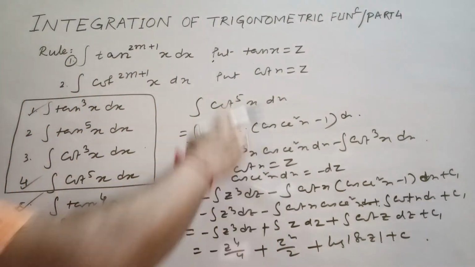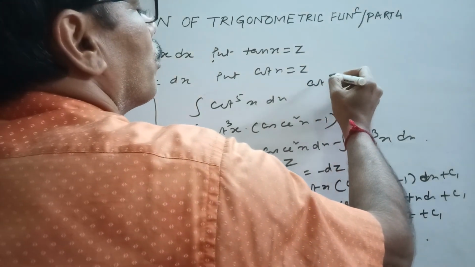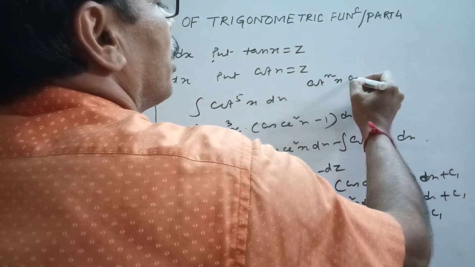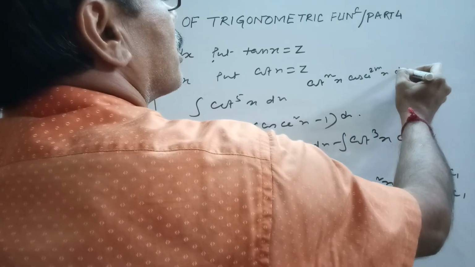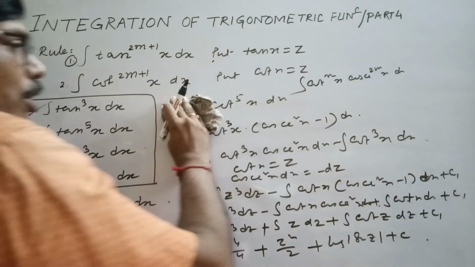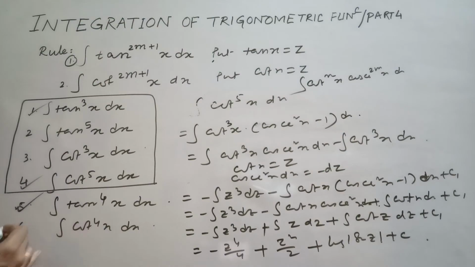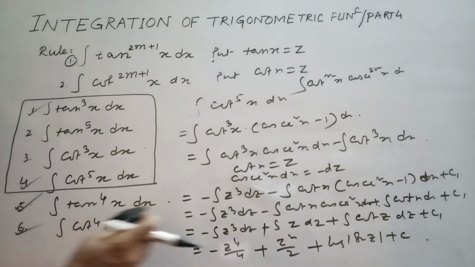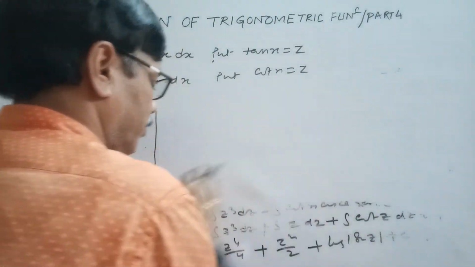So if the power is odd or even, you can put it in this form: cot to any power and cosec square to the power m x dx. So cot to the power 4 is exactly the same as tan to the power 4.